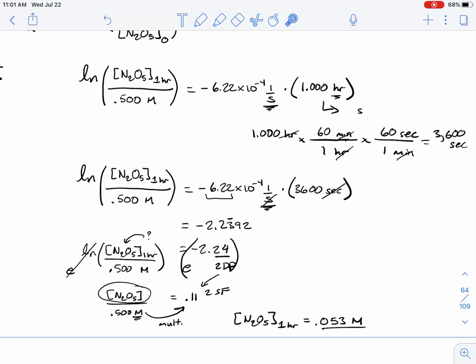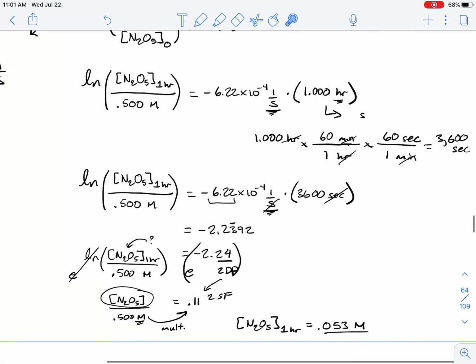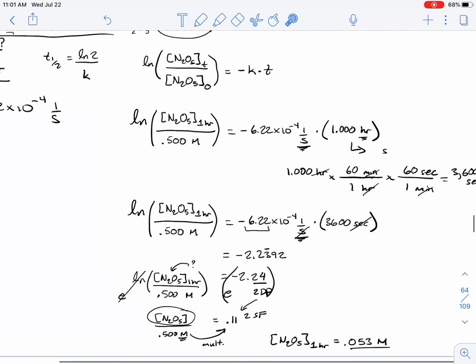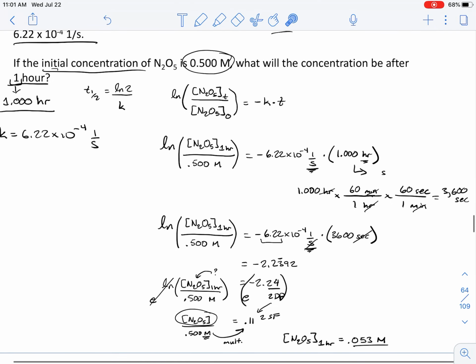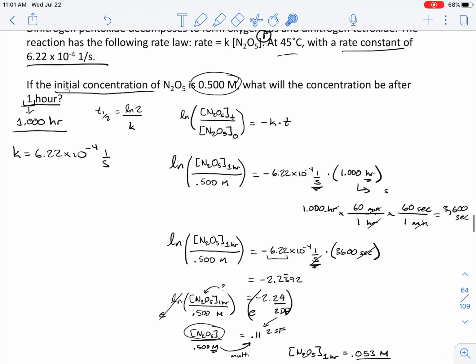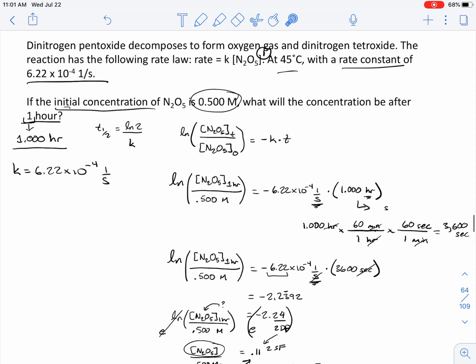So it would make sense that the final concentration is much smaller than the initial concentration. If it's greater than 0.500, then that doesn't make sense logically. So reactants are going to be consumed.